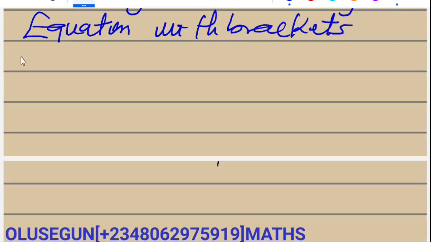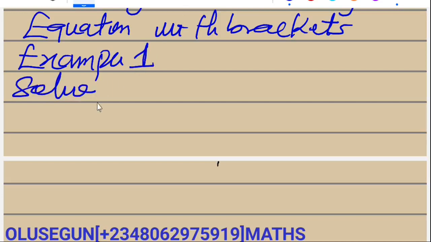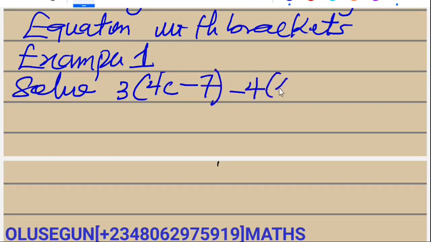Let's have an example 1 on this format. There's some equation involving brackets. It says solve 3 bracket 4c minus 7, the bracket closes, minus 4 bracket 4c minus 1 is equal to 0.